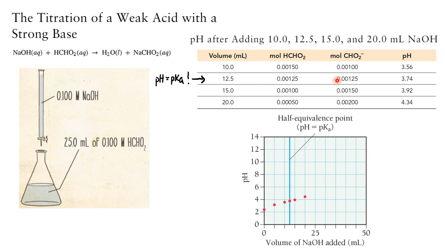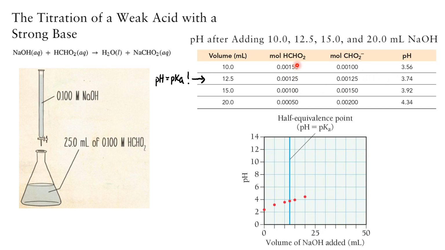And remember the ideal situation of a buffer. The most effective buffer is when you have equal amounts of each of these, right? We saw this in the beginning of this segment. When the pH is equal to the pKa, it's when the concentrations of your weak acid and your conjugate base are the same, okay? So that's half the equivalence point, and you can go on and calculate the pH using the Henderson-Hasselbalch equation for pretty much every single point before the equivalence point.